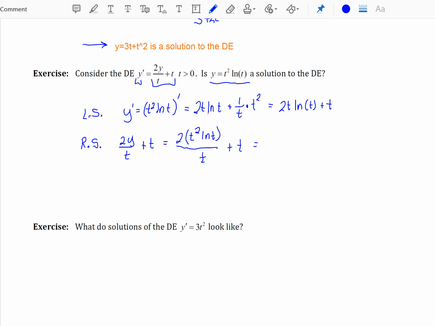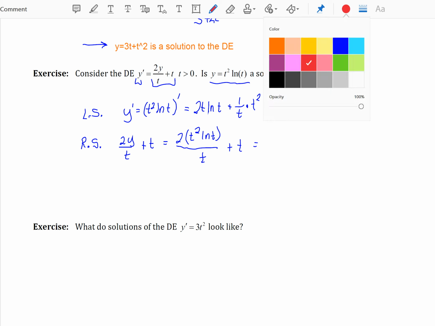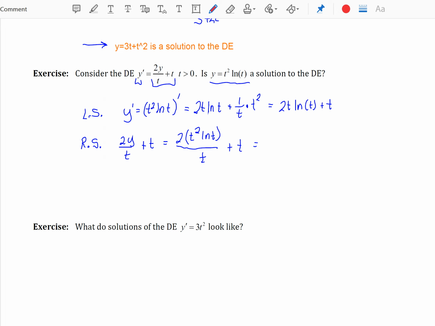Again, I'm going to simplify this a little bit. Notice that on this first fraction, the t squared and the t will cancel, leaving just a single factor of t on the top. So this will be 2t natural log of t plus t.